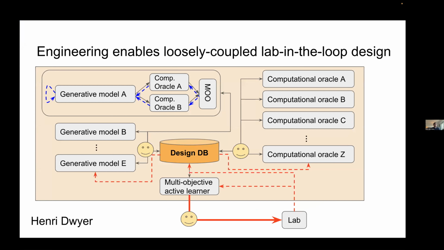Another thing that I think we have come to appreciate more and more as we build this airplane mid-flight is that when we have a very tight timeline on our lab in the loop, if we're suggesting thousands of mutations every couple of weeks, then we also end up in a situation where there are multiple versions of the model, and there are new data sets coming in.